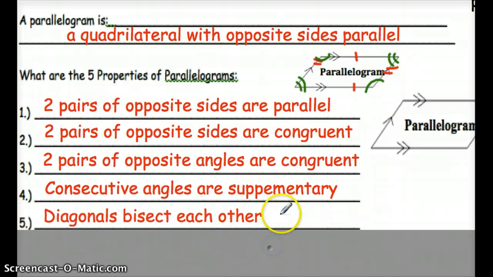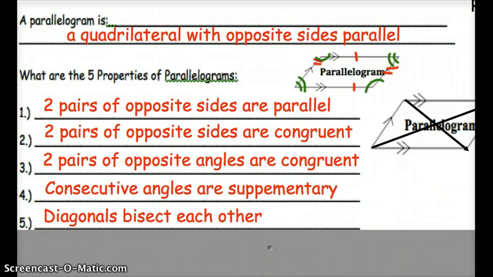Lastly, the diagonals bisect each other. Okay, so what that means is, I'm going to draw this into this one. If I take a line segment and extend it from the top left to the bottom right, and then I take another segment and I extend it from the bottom left to the top right, I'm going to have drawn in diagonals.